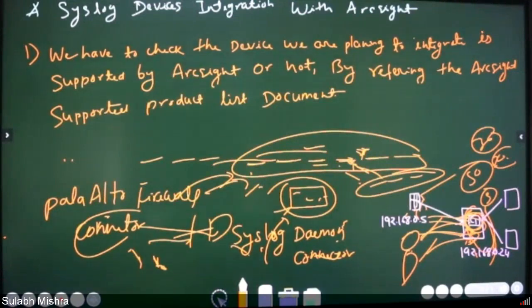In that document, you can see which versions of your device are supported. It also says which connector you have to install, and whether the default Syslog connector will support it.